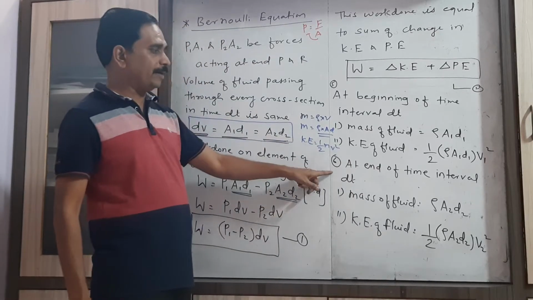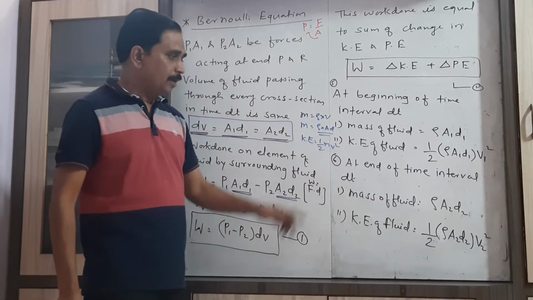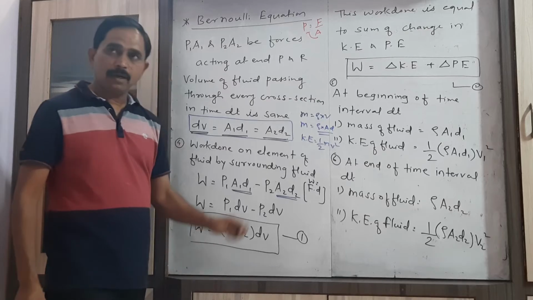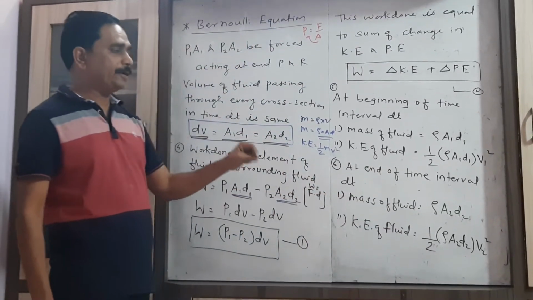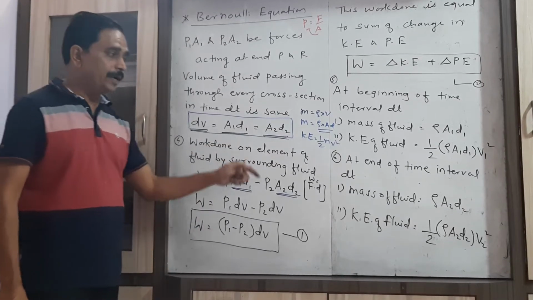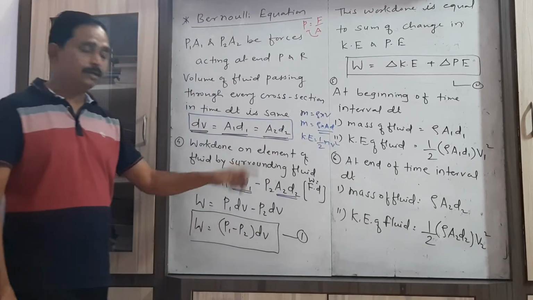Same thing we have to write for the other end. So at the end of the time interval dt, the mass of the fluid is rho A2 d2. Kinetic energy of the fluid equals half rho A2 d2 into V2 square. So this is how we reach the two kinetic energies at the two ends.